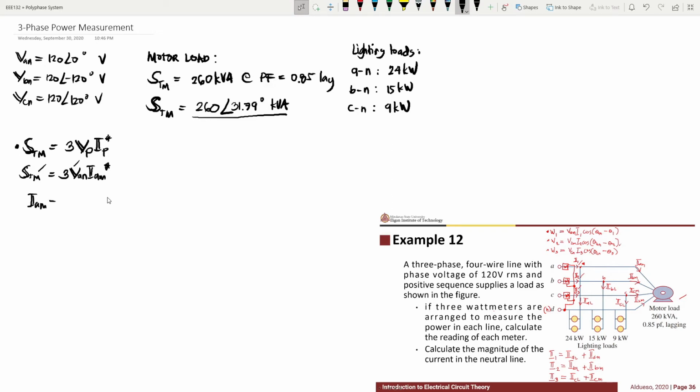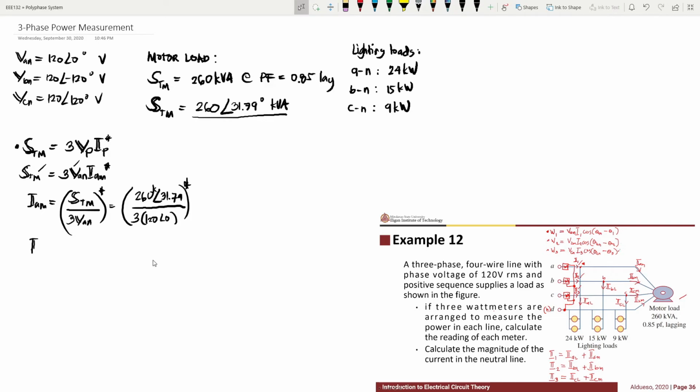IAM is equivalent to S over 3 VAN, conjugate, which is 260 kVA with angle of 31.79 over 3 times 120 angle 0.